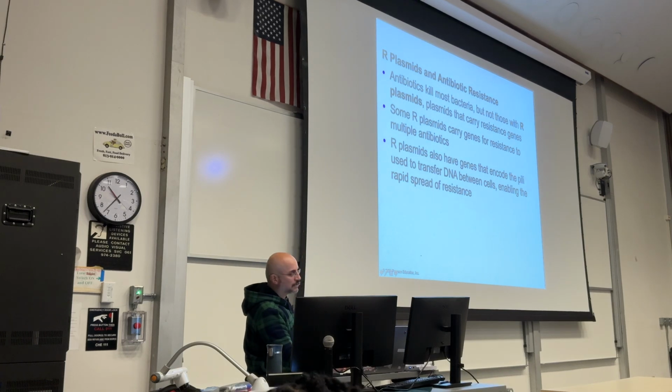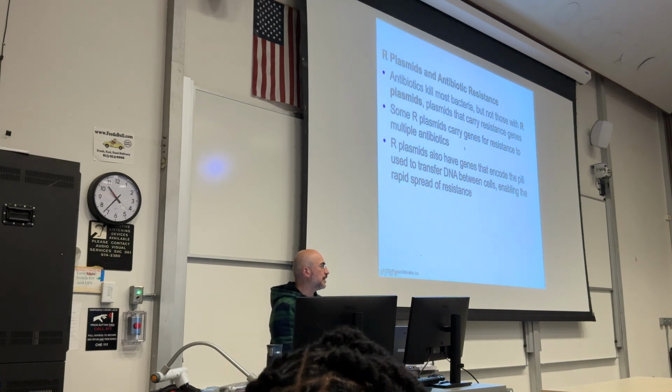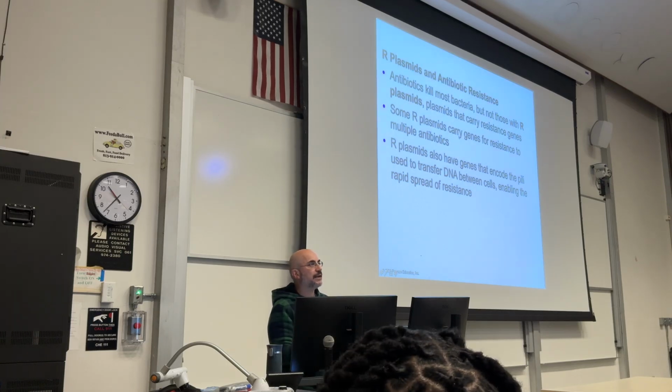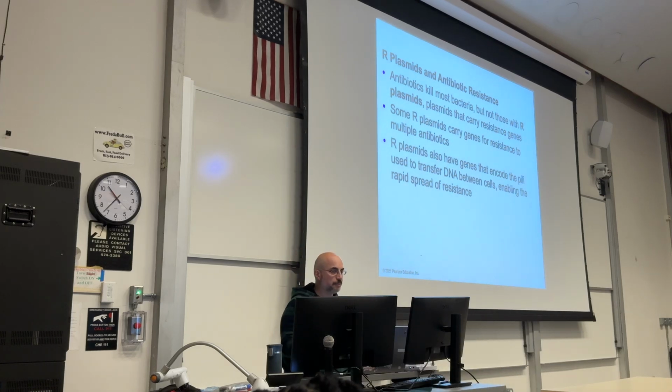And R plasmids is specifically for resistance, okay? So, this is troublesome because it's the plasmid, the genetic information, creating most of the trouble for the pharmaceutical industry at trying to develop successful drugs to protect ourselves against these bugs, okay?